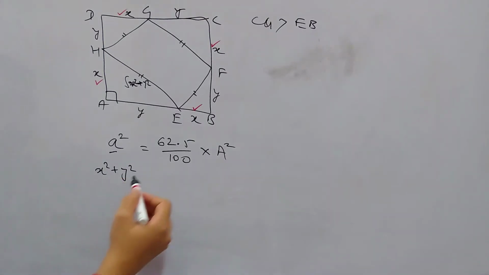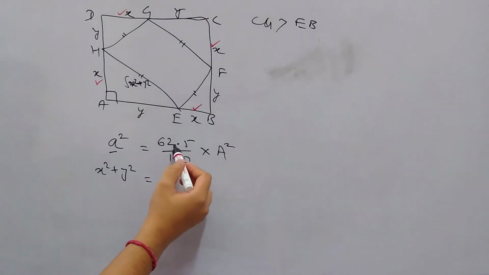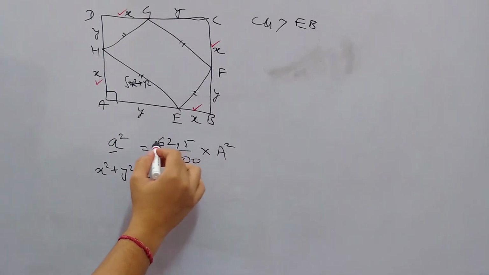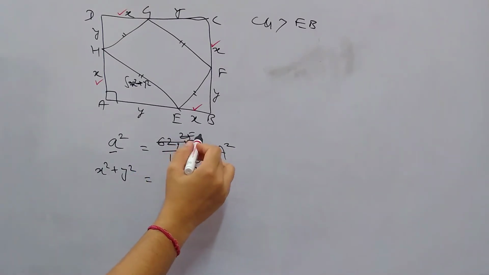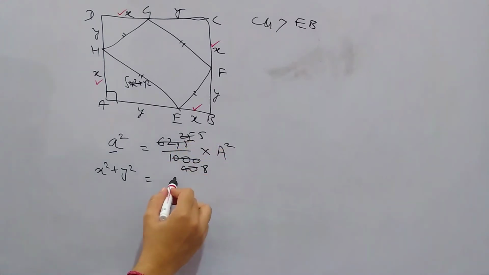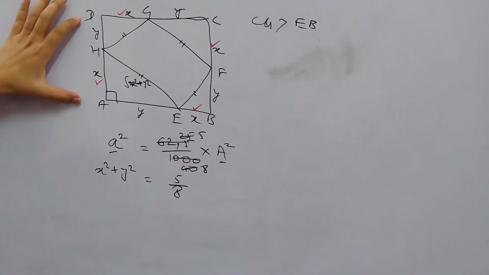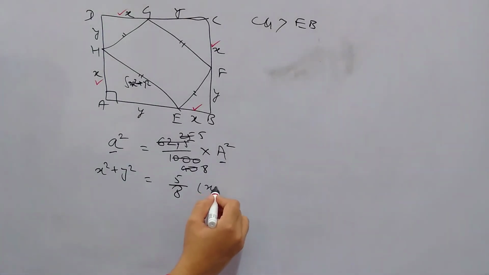Okay, the area of the inner square will become 5 by 8, and this capital A is x plus y. So we can write this as x plus y whole square.